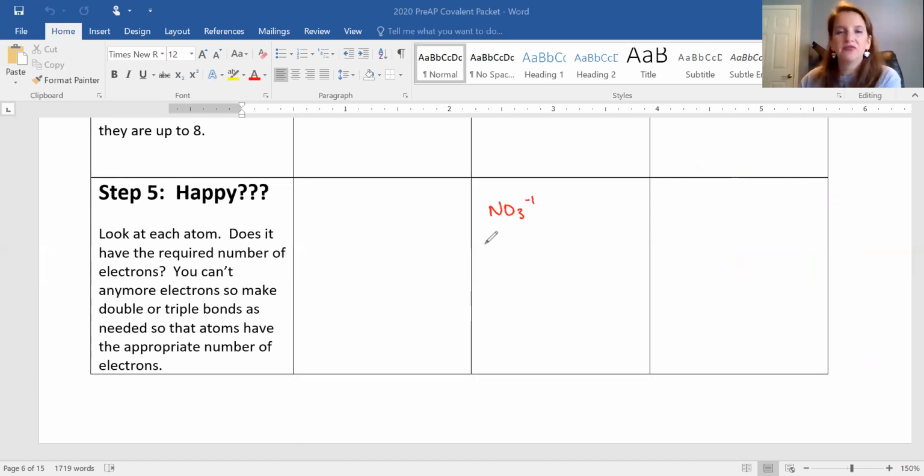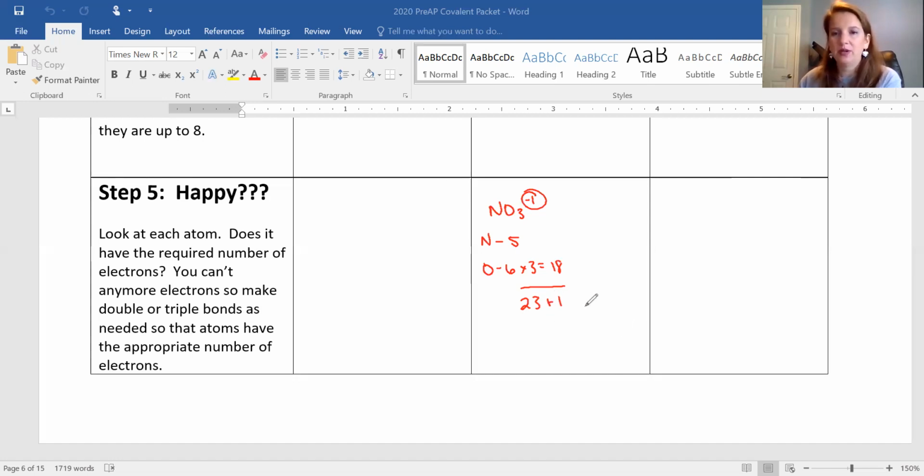First, again, count your valence electrons, most important step. So nitrogen has 5, oxygen has 6 times 3 equals 18. So that is 23 valence electrons, but because this is an ion, it has a -1 charge. That means it gained 1 electron.